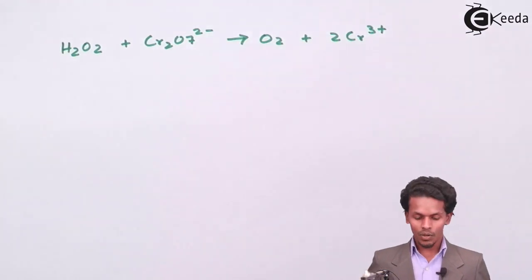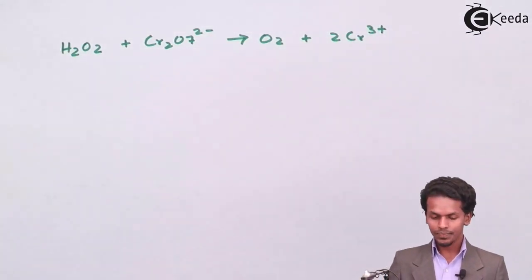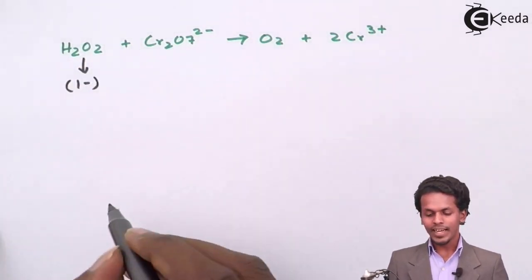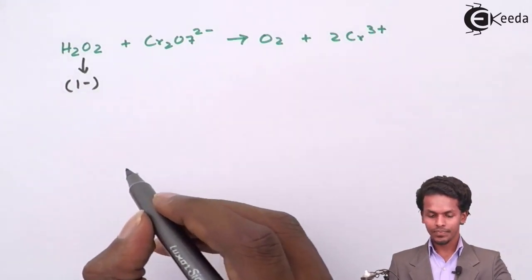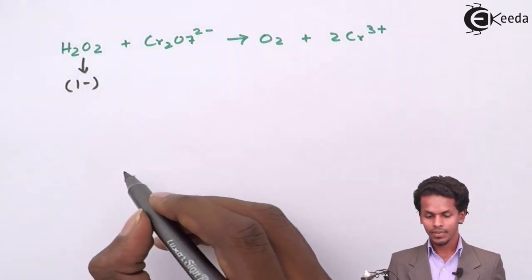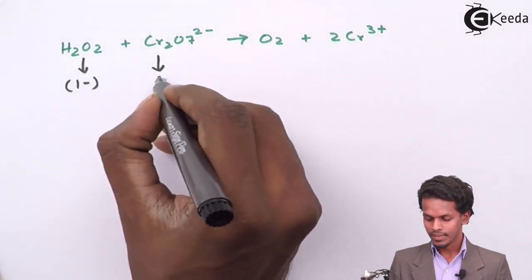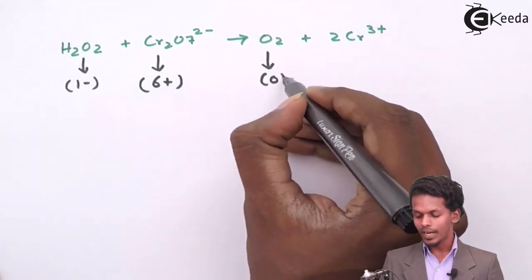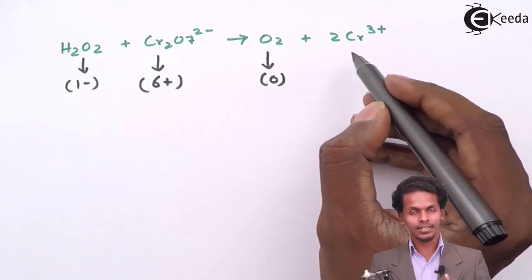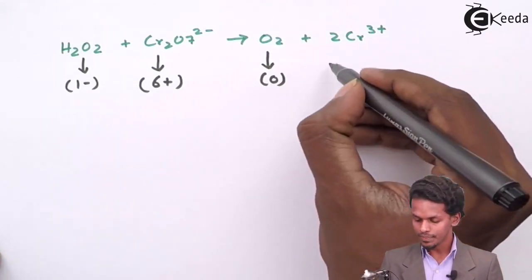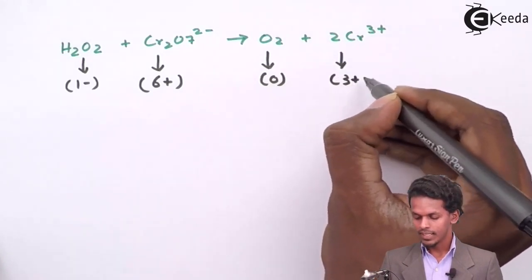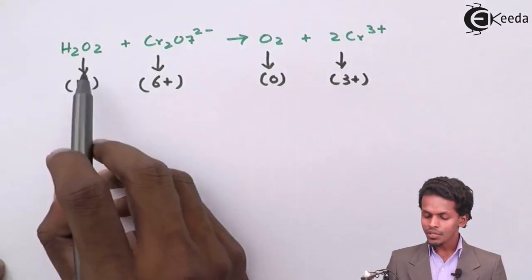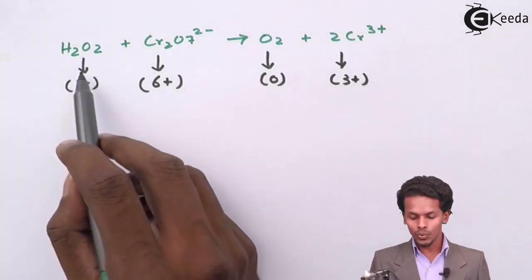In this case, the oxidation number of oxygen was found to be 1 minus, while that of chromium was 6 plus, while that of oxygen in the product was 0, and that of chromium, in 2 moles of Cr3 plus, was 3 plus.